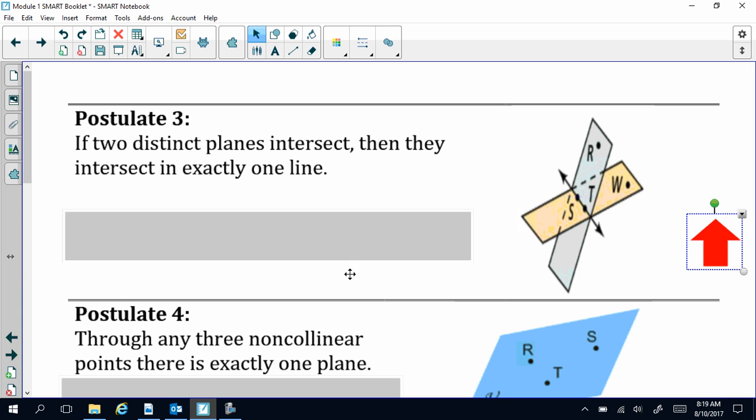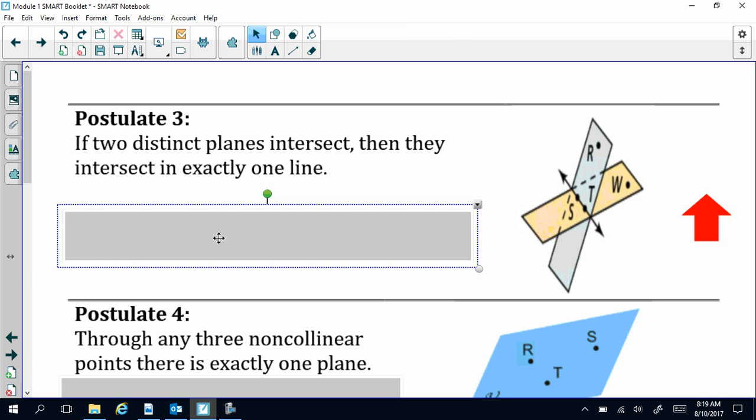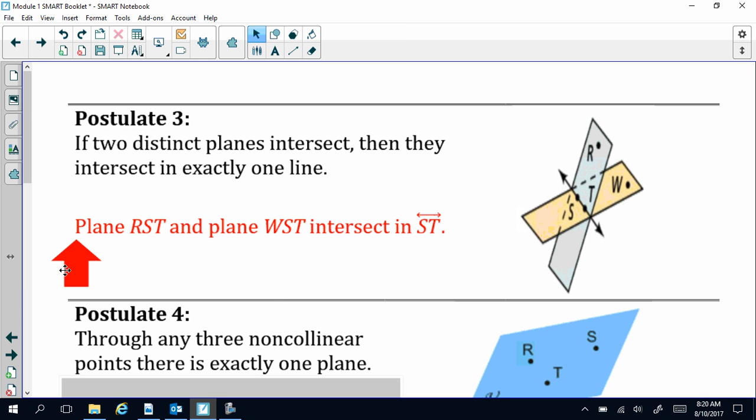So we have 2 planes here intersecting, and they're intersecting at this line here. So let's talk notation here as well. Planes are named, again, several different ways. One of the ways is with 3 points that are on the plane that are non-collinear. We'll talk about what non-collinear means in just a second.